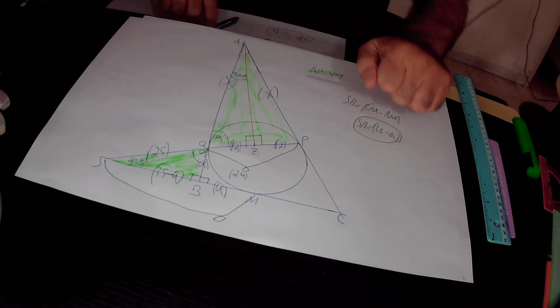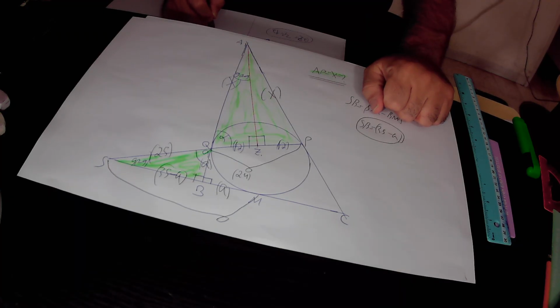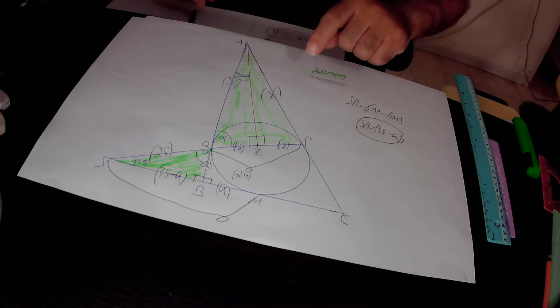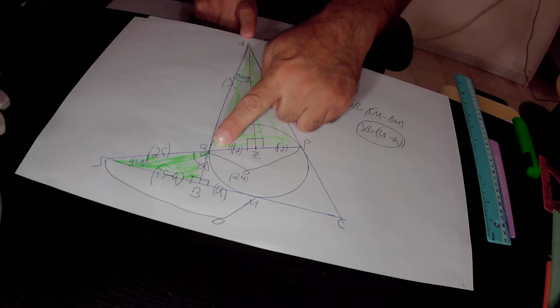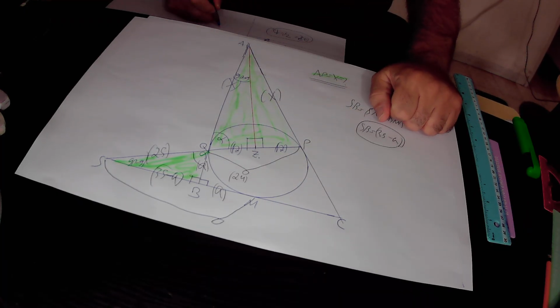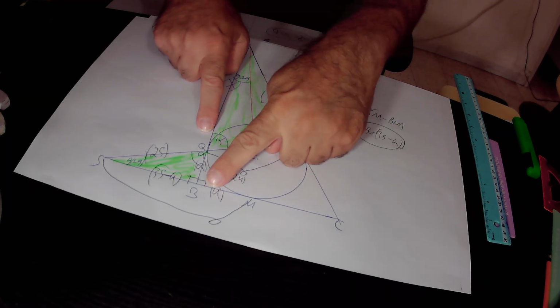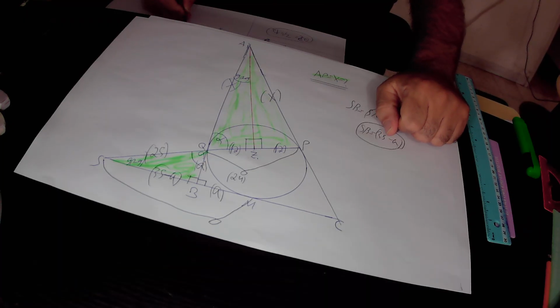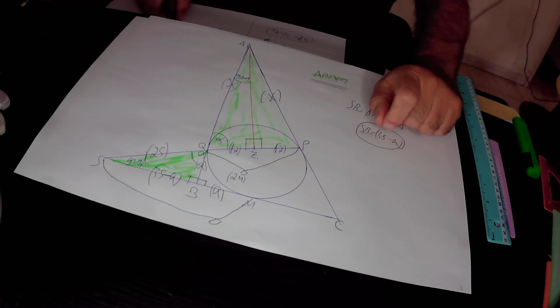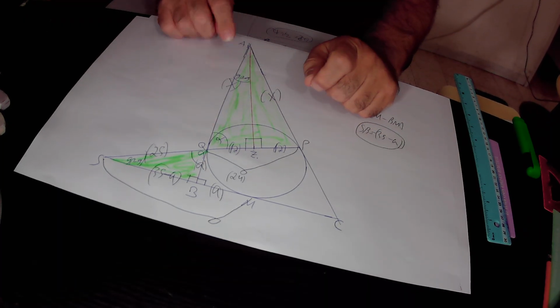SQ is 25 over AQ. AQ is X, that is the value that we're looking for in this question. And it equals QB. QB is A over QZ. QZ is 12.